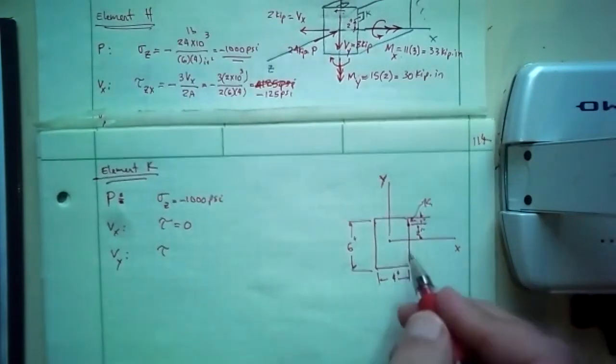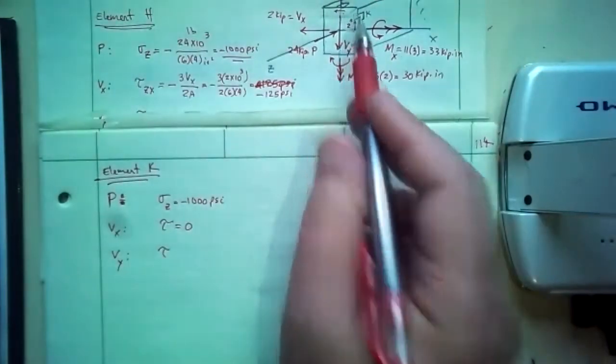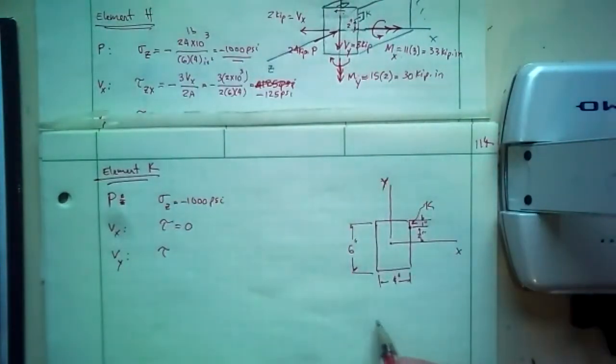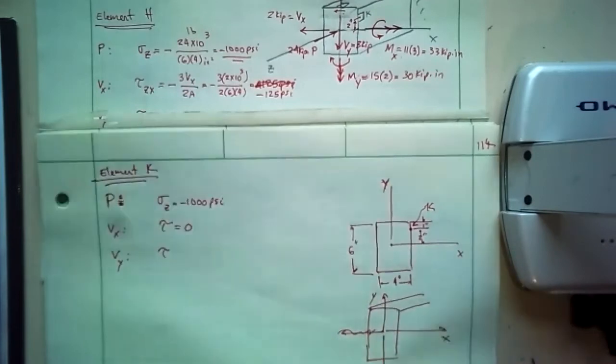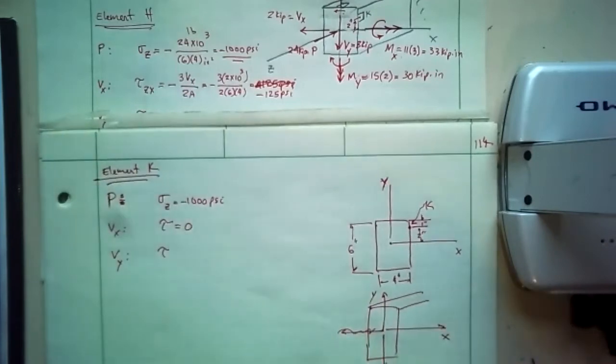So here, this will be tau. If this is the cross section, this is my x-axis, this is y-axis, this is Vy, and element K is over here.